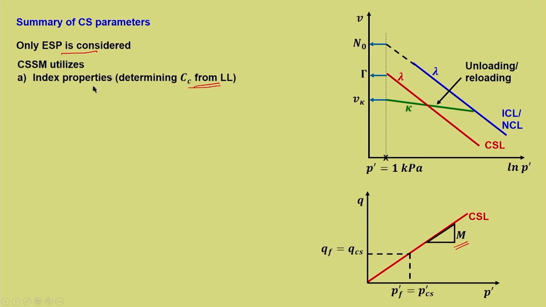Then effective stress, that is sigma n dash, the normal stress or the consolidation stress sigma dash, is always in terms of effective. Stress invariants, because Q and P dash are considered, and the stress path, whether drained or undrained, how it moves.